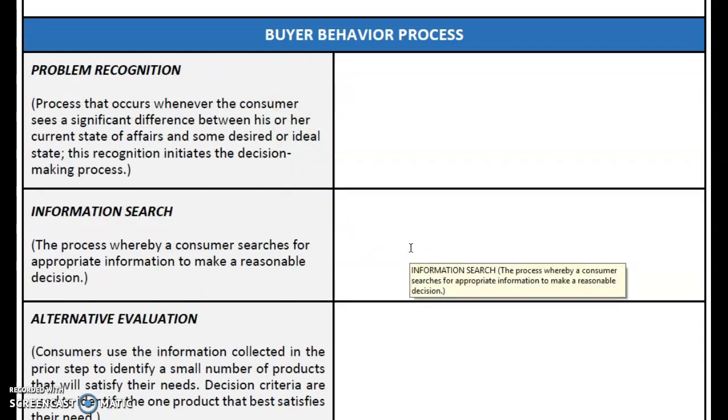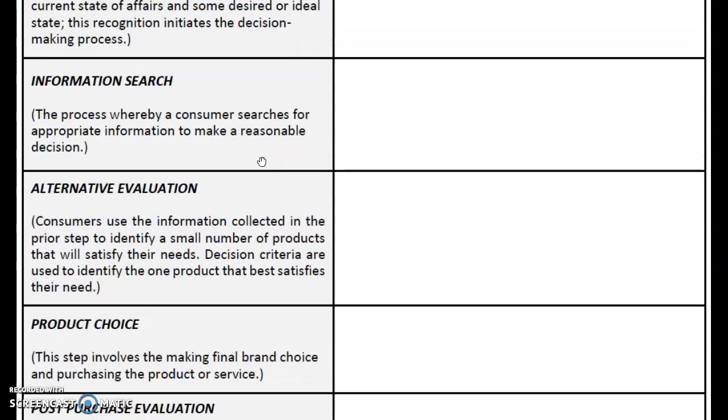Okay, so you can read the more detailed description of each step, but here, of course, we're talking about purchasing OTC cold remedies. So I think the problem recognition could be very obvious. Information search will be interesting: which are the information channels that this individual used to search for information?